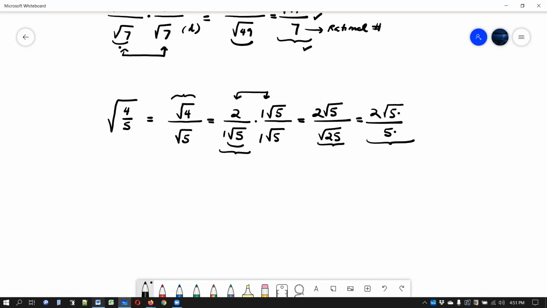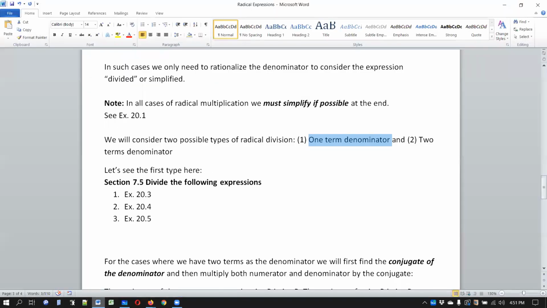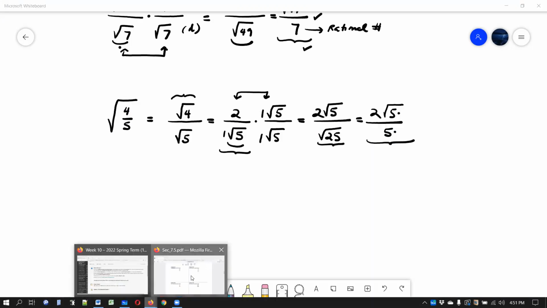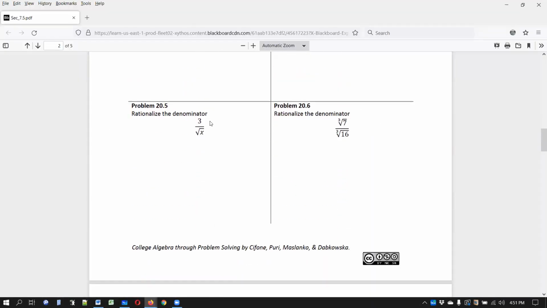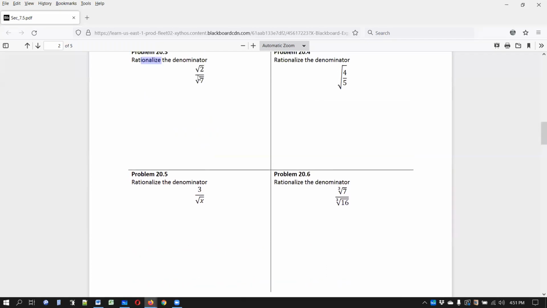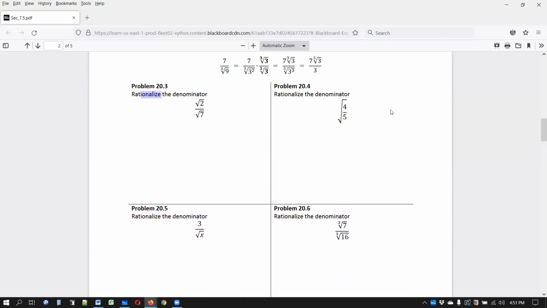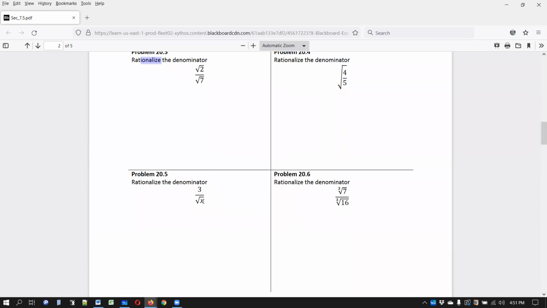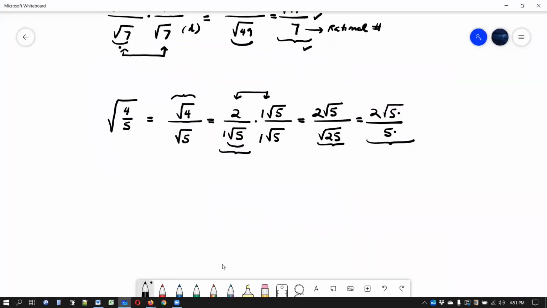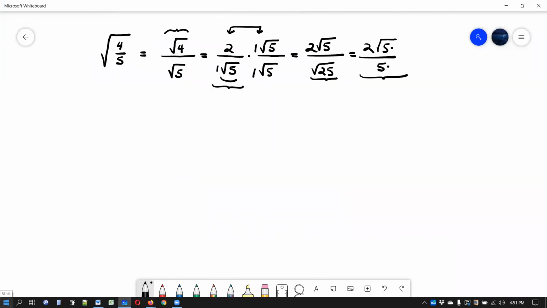Okay, good. Third example, 20.5. And it doesn't really matter if we have numbers like in 20.3, 4, or a variable in 20.5. So this is 3 over radical x. The procedure is done the exact same thing.